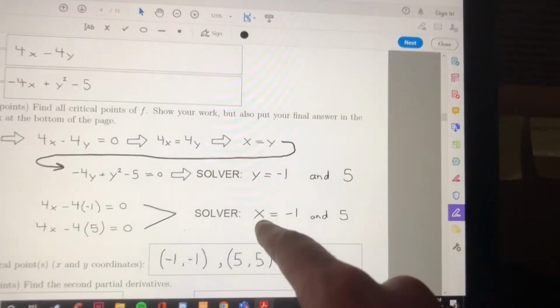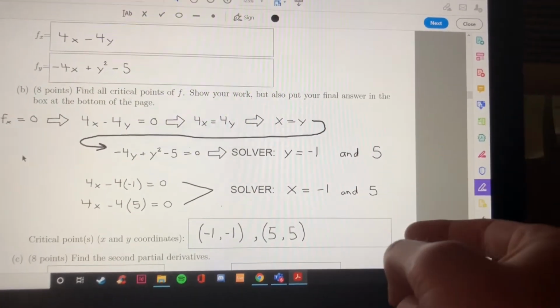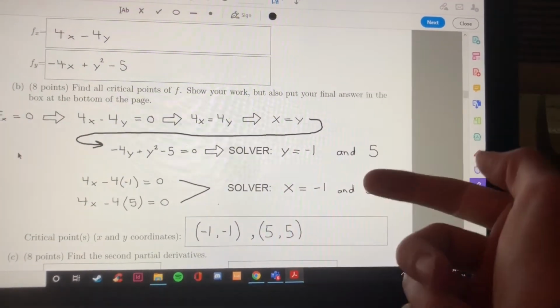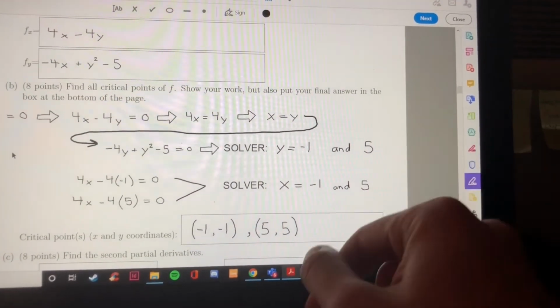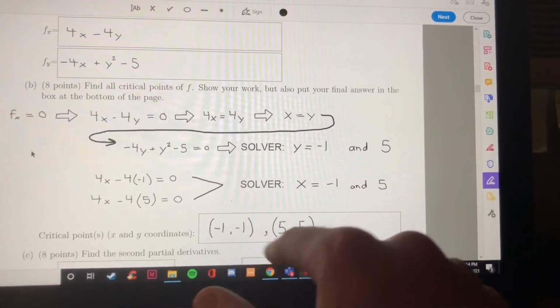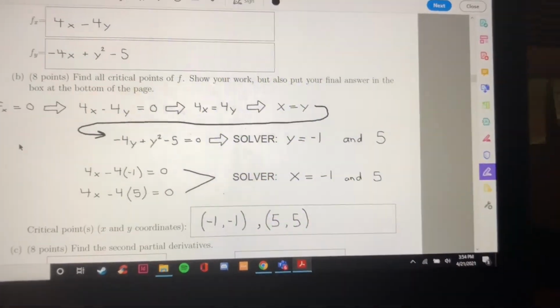And we come out with x equals negative 1 and 5, which is interesting because up here we found earlier in the problem that x equals y. That rings true. Therefore, there are two critical points, one at negative 1, negative 1, and one at 5, 5.